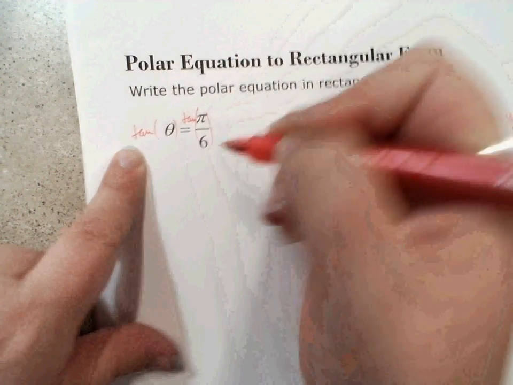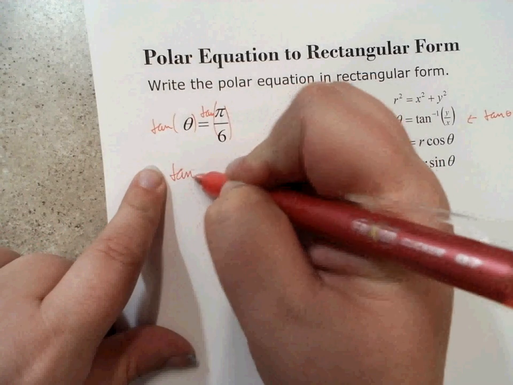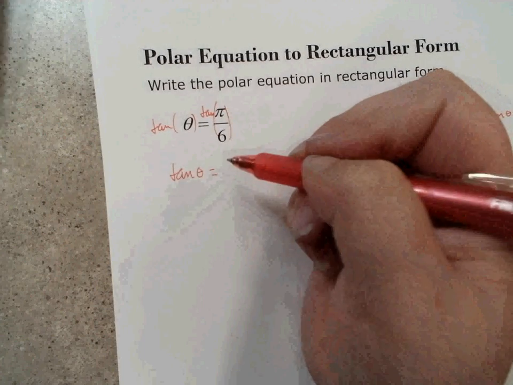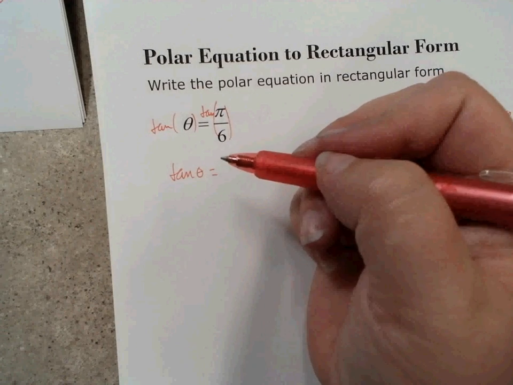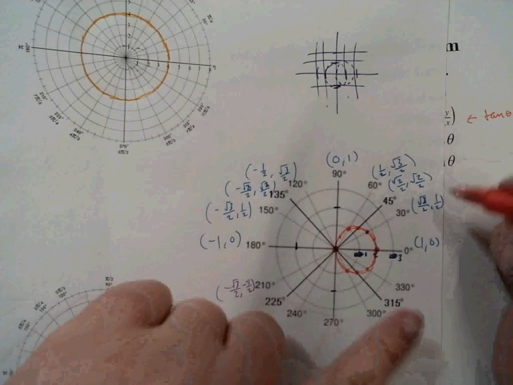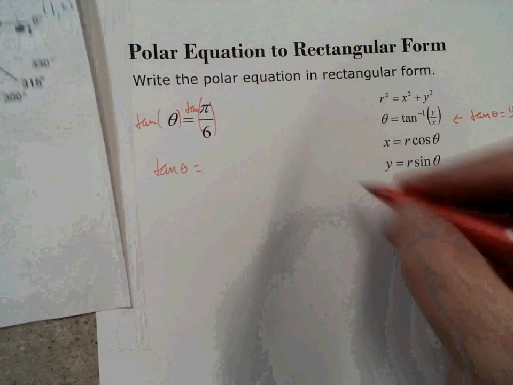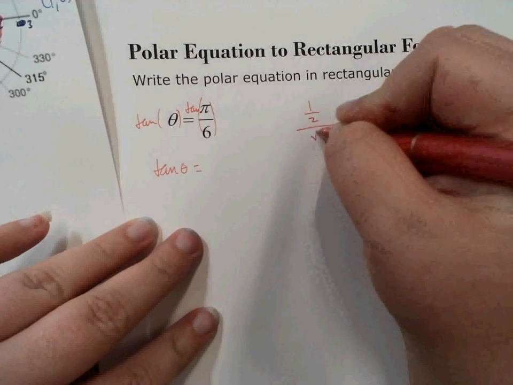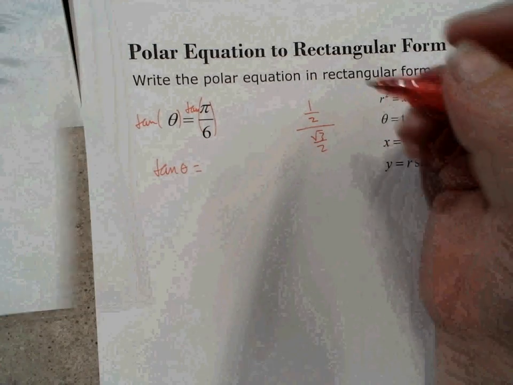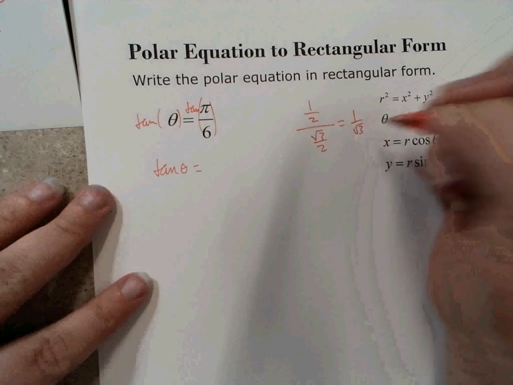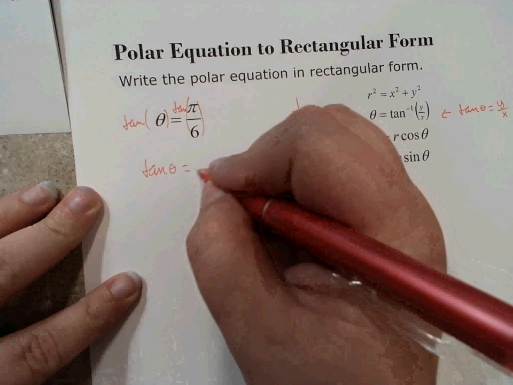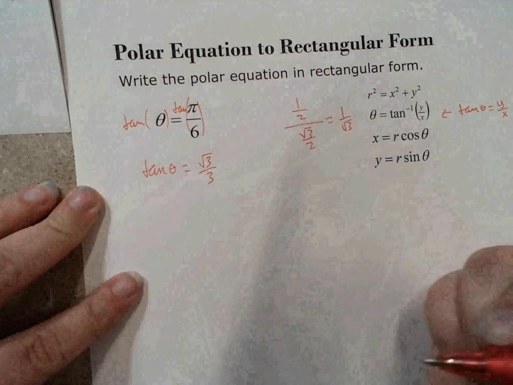So I'm going to go ahead and throw a tangent in front of both sides of the equation. Tangent of theta equals, well, what is tangent of pi over 6? Tangent is sine over cosine, the y over x, so 1/2 divided by the square root of 3 over 2. We just did that, and that is 1 divided by the square root of 3, or square root of 3 over 3.